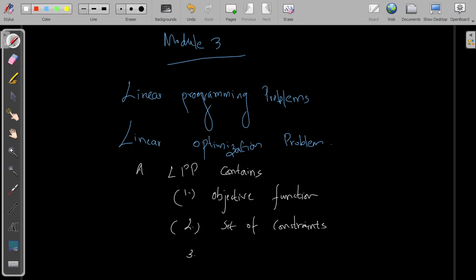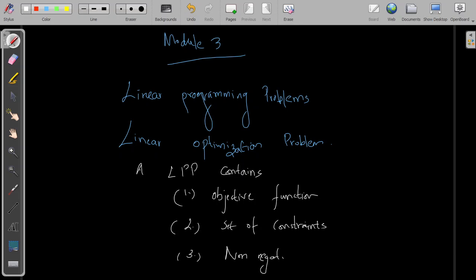Third, we have non-negative restrictions of decision variables. Non-negative means positive, that is, greater than or equal to 0.